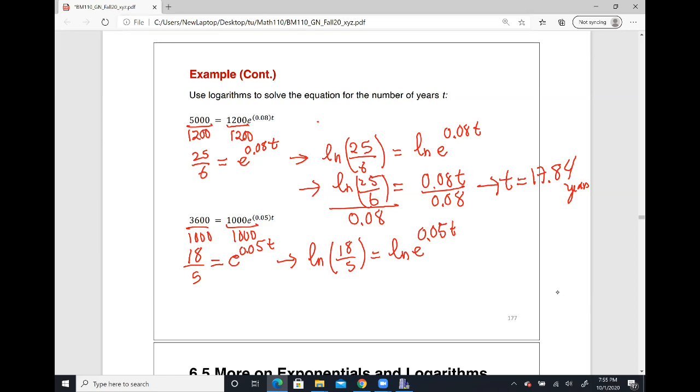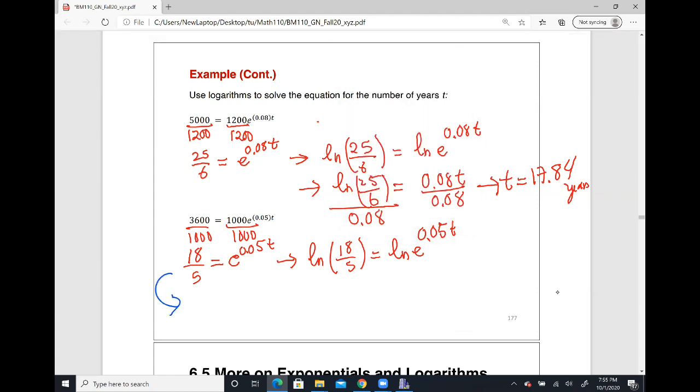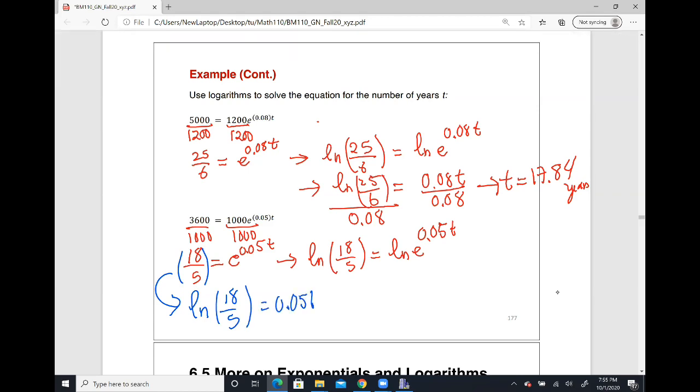So if I convert to exponential form, I make it the log base e, which is ln of this, so ln of 18/5 will be equal to 0.05t. It looks quicker than using the first property, because that one takes ln on both hand sides first and then comes to this step.